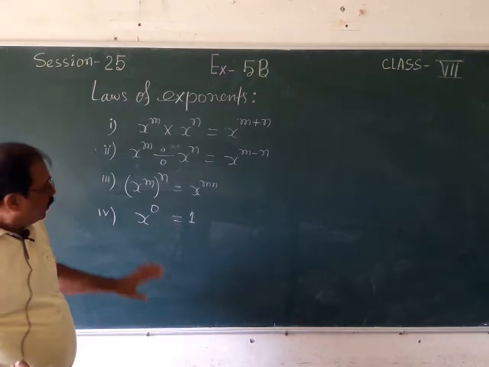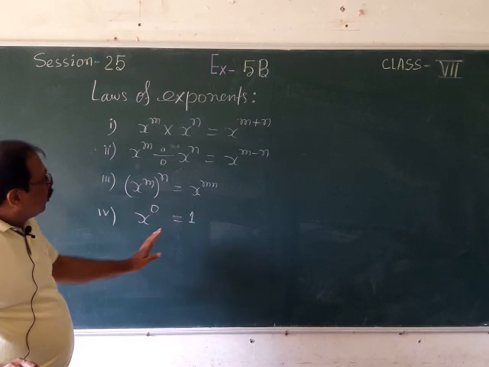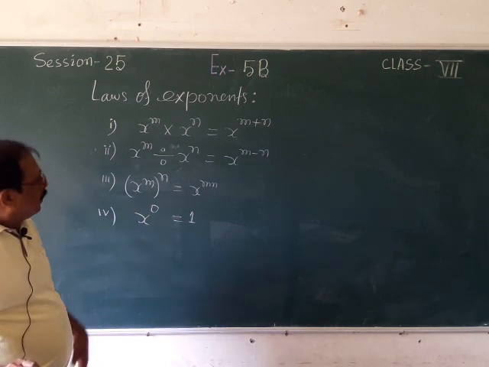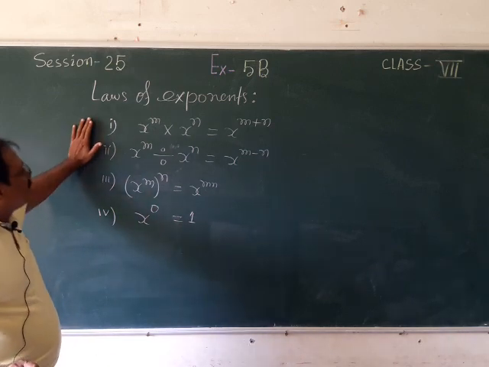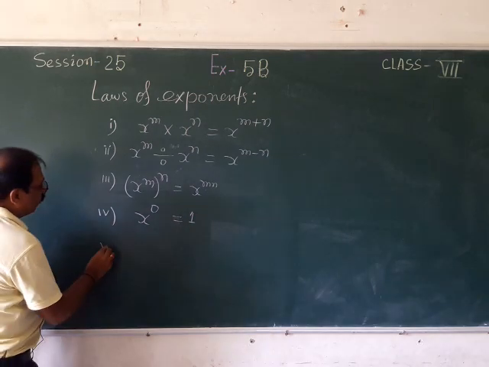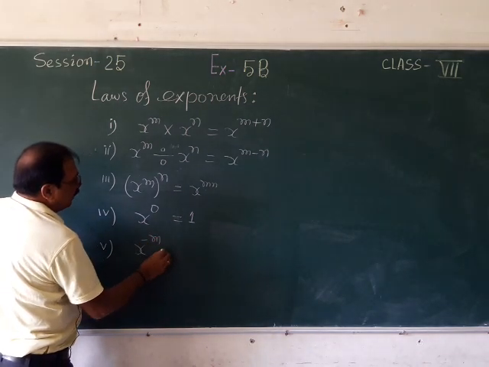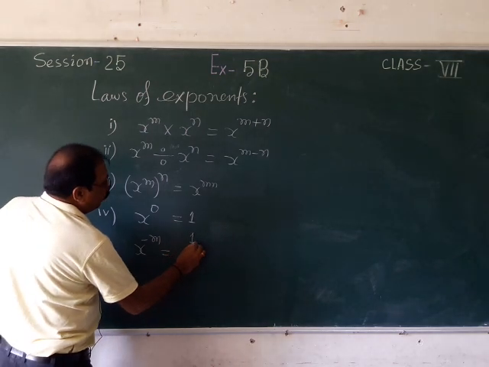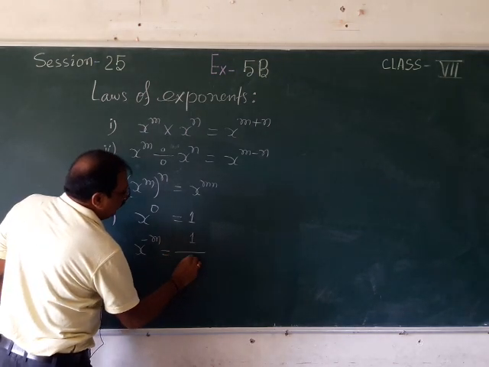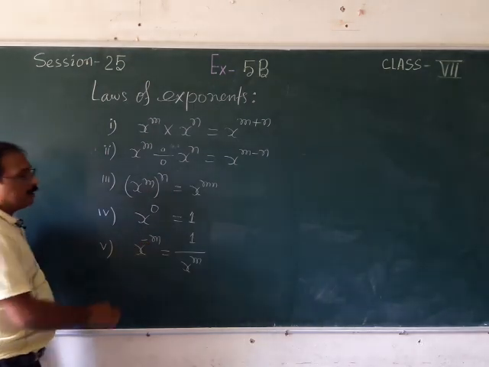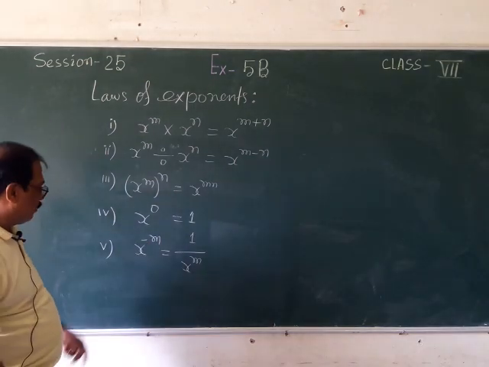Then few more terms are there, but these are special rules. And one more rule I am going to show you. If I am writing x to the power minus m, it can be written as 1 upon x to the power m. That means negative power is showing the reciprocal of a number.